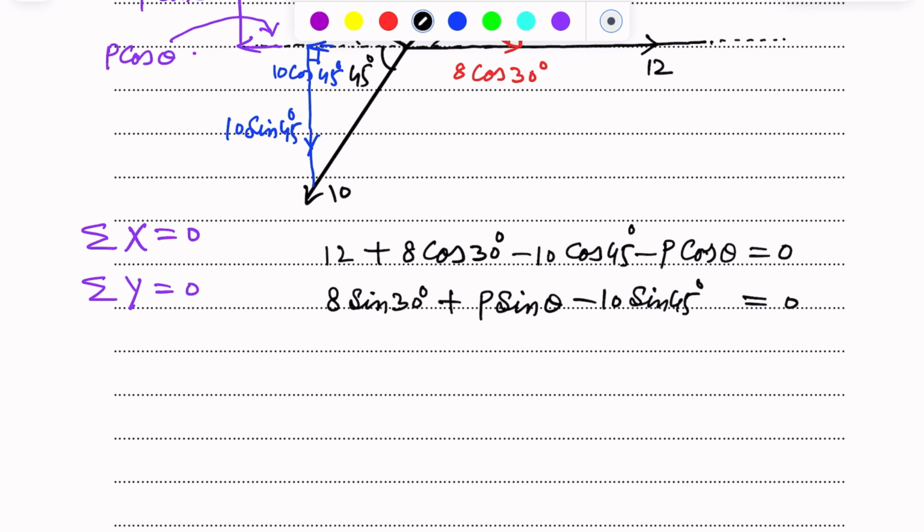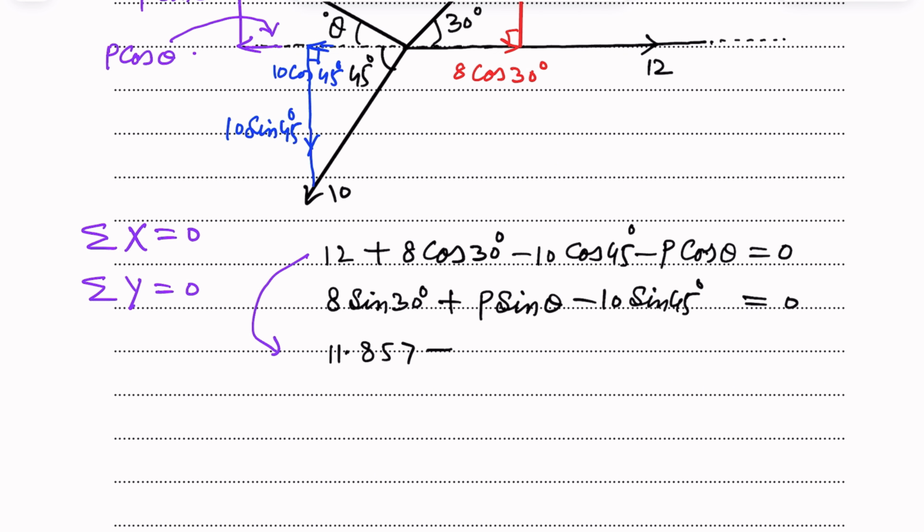Now we will simplify these two equations. From the first equation, after simplifying, we get 11.857 minus P cos theta is equal to 0. We have simplified these terms.